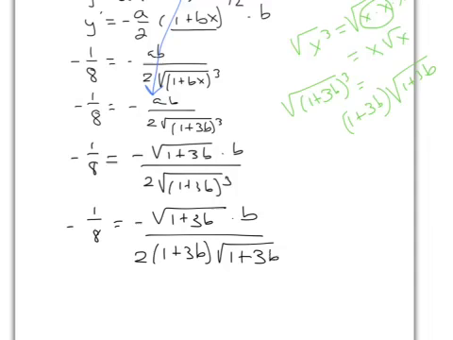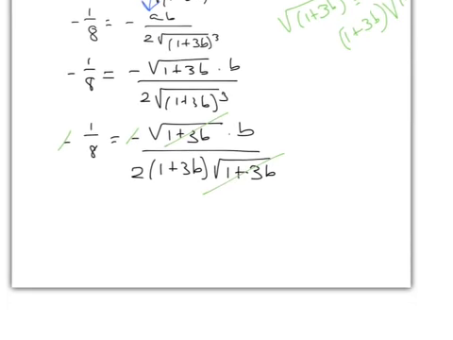Now you probably have noticed that we can cancel out these things in here, and also we can cancel out the negatives in here. So we'll make it a positive. Negative divided by negative is a positive. So we have 1 over 8 is equal to b all over 2 times 1 plus 3b.